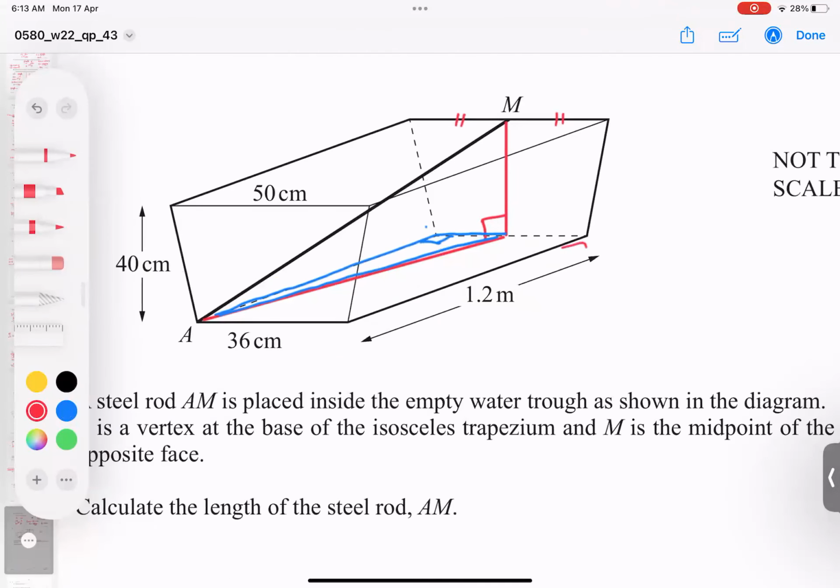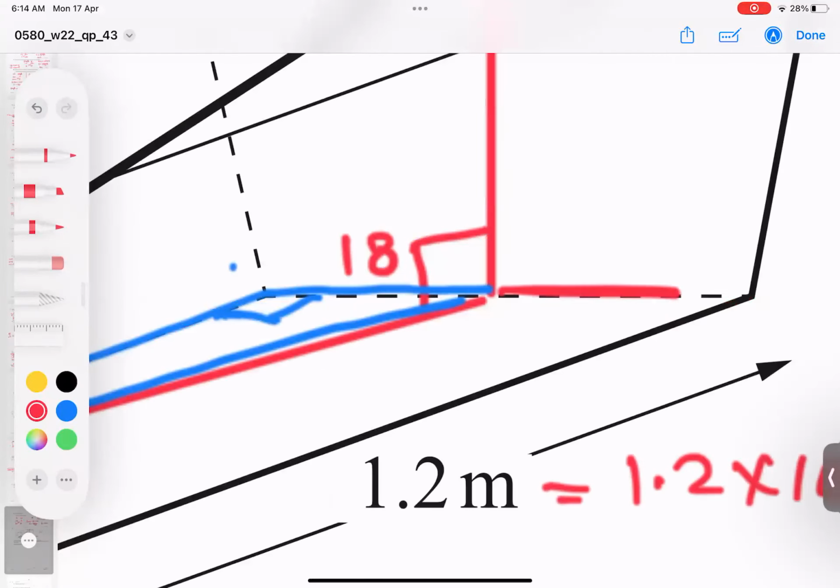This is 1.2 meters, and 1.2 times 100 gives 120 centimeters. So the blue line is 120. And this is a midpoint, you know. So this is 36, so this is confirmed 18 and 18. Both are 18. I hope the point is very clear.